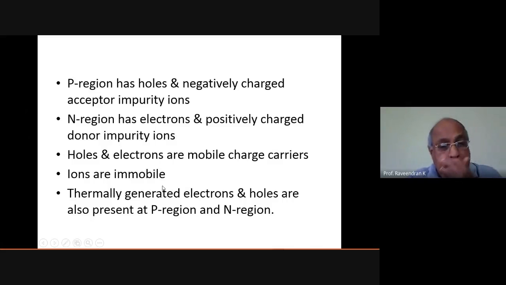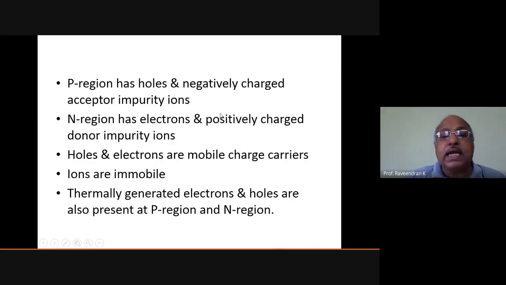In the N-type material, the positively charged ions generated are immobile in nature. Only electrons are mobile, meaning moving in nature. So that actually constitutes the current flow.